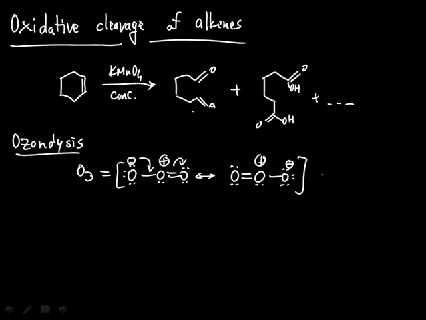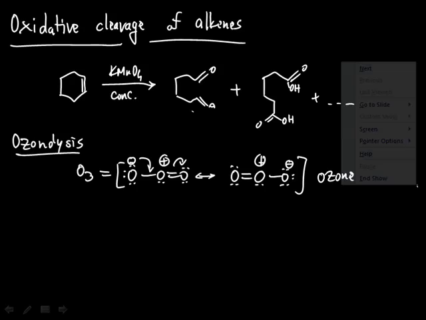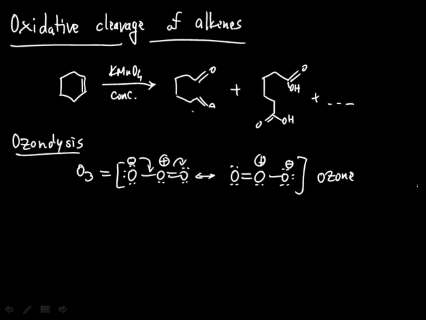And this is ozone. Now, you probably hear a lot about ozone. It exists in the top layers of the atmosphere, where it protects us from UV rays, but on Earth's surface it's actually quite harmful because of its high reactivity.